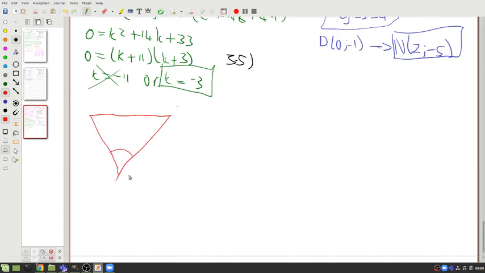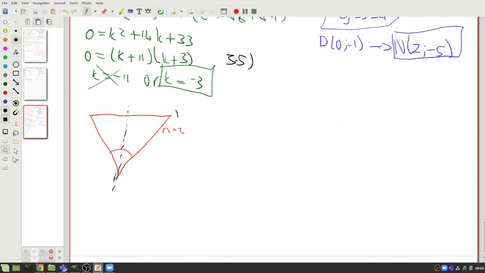We need to find this distance. So we already know the gradient of this line is 2. And let's draw the y-axis in here somewhere like that. Okay, so we already know this gradient is 2. We can find this gradient as well.